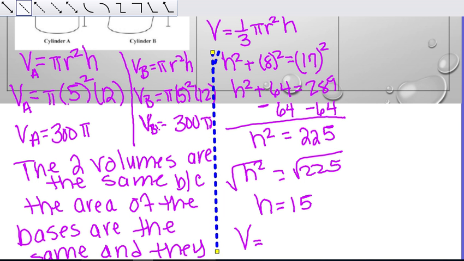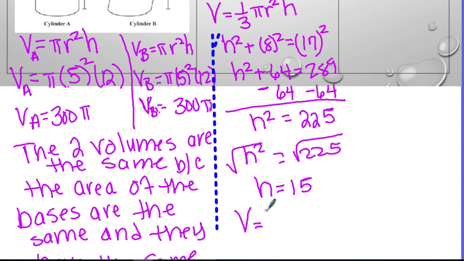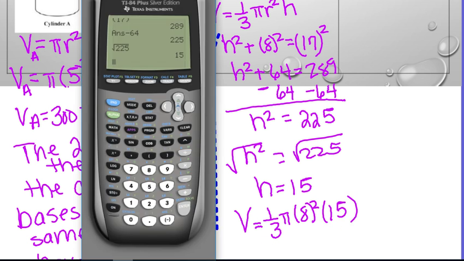So volume is 1/3 pi, and the r is 8, so 8 squared times 15. And go and use your calculator to knock that out.